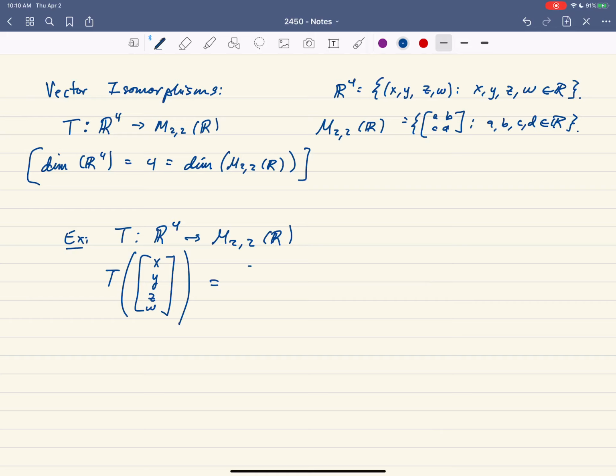We could do this in a straightforward, boring way, X, Y, Z, W. That would be one way that we could map R4 onto M22. I could also have something a little bit more interesting. Again, this is an isomorphism.